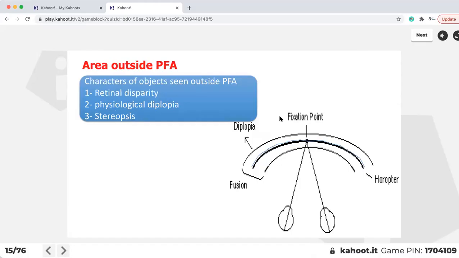They still stimulate retinal disparate points, but produce physiological diplopia with stereopsis. This is very important. So when the question is asking, how can we test stereo acuity? It is tested within the Panum's fusional area. If the question is asking, if the stereopsis is only present within the Panum's area, no, it can be present within the Panum's and outside the Panum's. I hope that this is clear now.